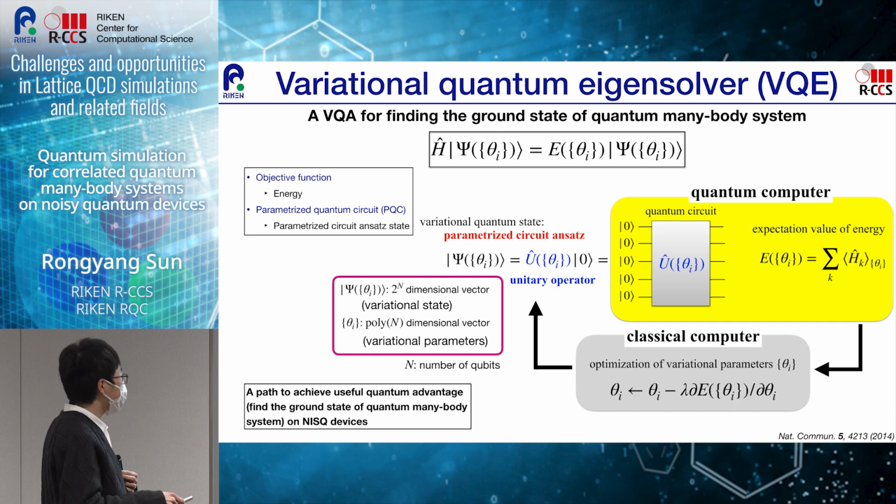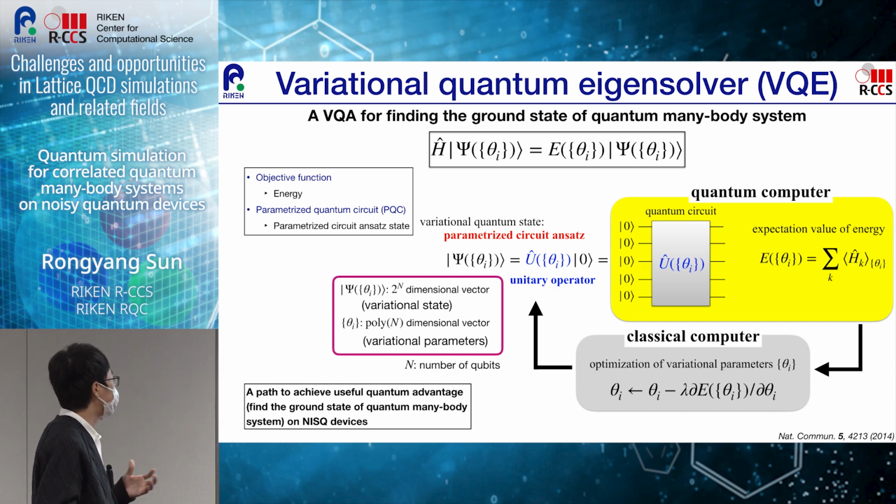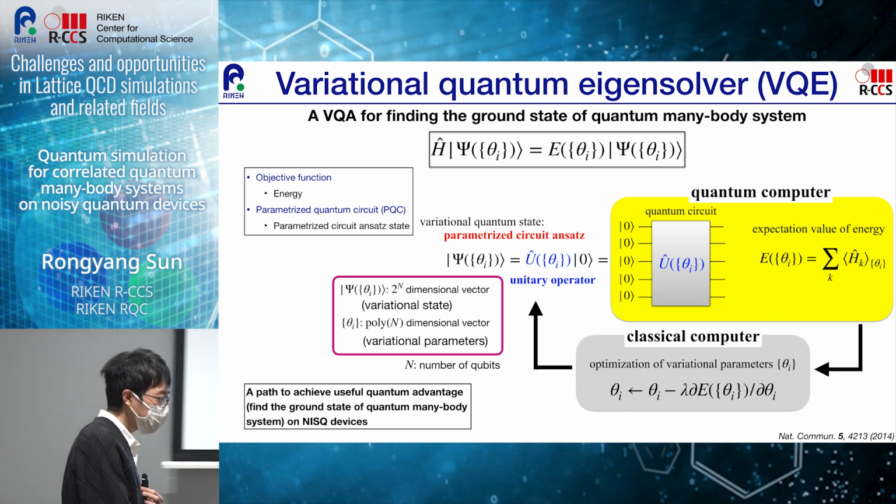And with several iterations, finally, we hope that this ansatz state has been optimized to be close to the ground state of this Hamiltonian. So this VQE gives a path to achieve useful quantum advantage, here finding the ground state of the quantum many-body system on NISQ devices.